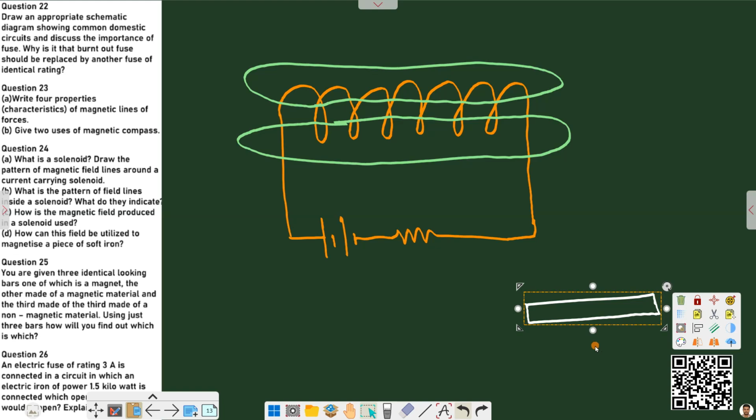Whenever we want to make any permanent magnet, we just take iron and give it the desired shape. Suppose we want to make a horseshoe magnet like this.